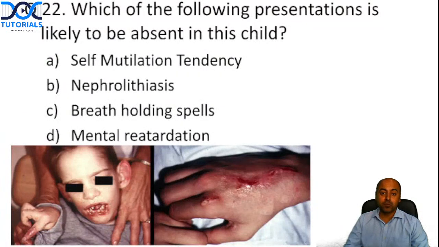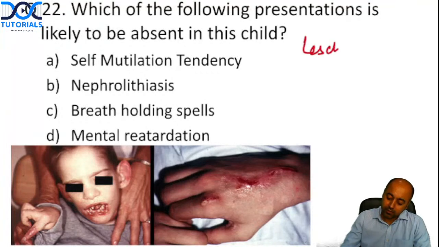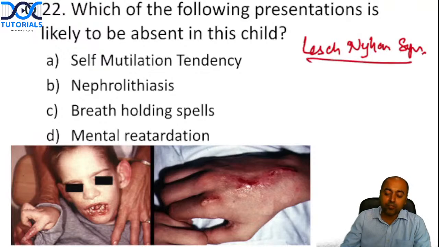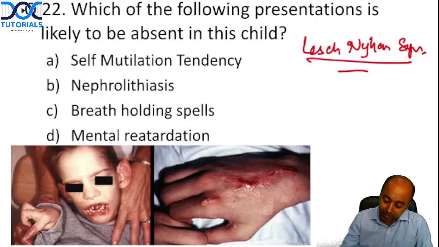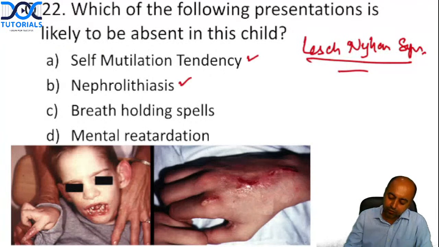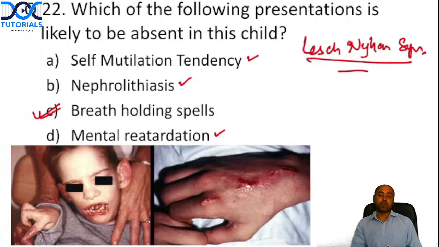Very important image you can see here. What do you see here? The bite marks on the finger, bite of lips, the bite marks on the hands. This is the Lesch-Nyhan syndrome, which I just mentioned is due to the deficiency or absence of the enzyme HGPRTase. So here you'll have the self-mutilation tendency, nephrolithiasis, mental retardation, but breath holding spells are not seen here.